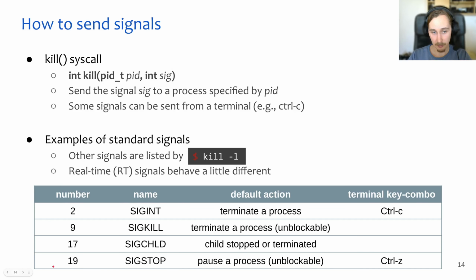So these are some examples for signals, but there's many more, and if you want to use them, you will want to look into the other ones to pick the appropriate one for your use case. And then, aside of these reliable signals that we just discussed, there's also real-time signals which behave a little differently. But if you're interested, you can investigate these yourself.